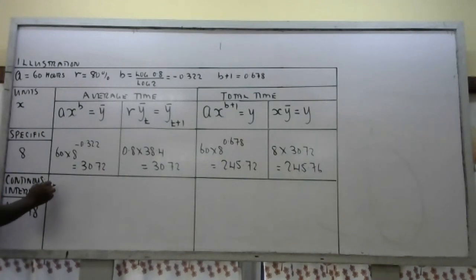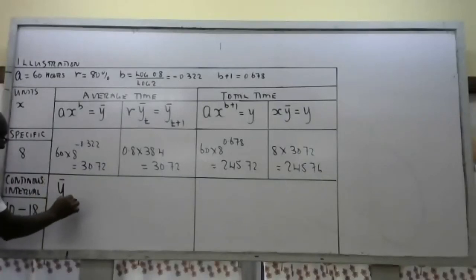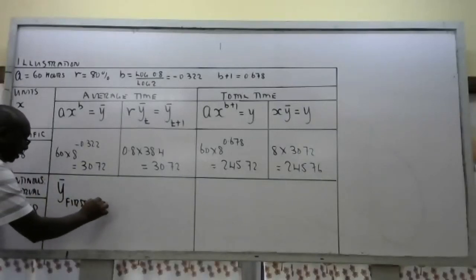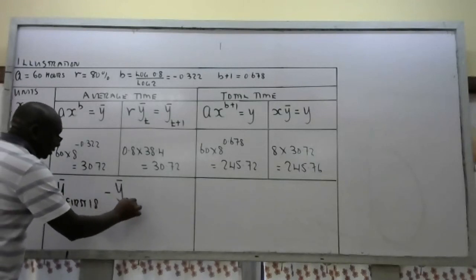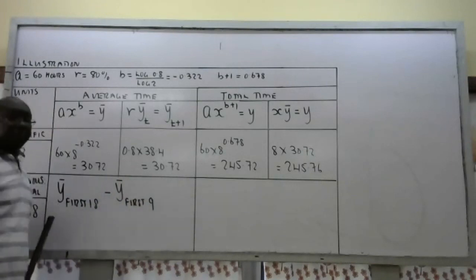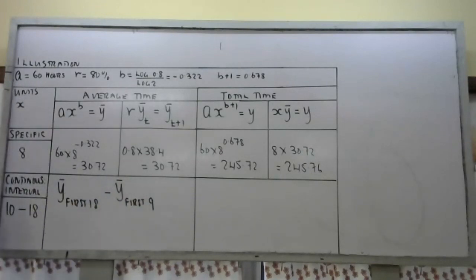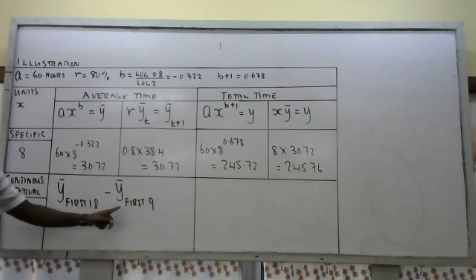Now this one is given like this: y bar for the first 18 minus y bar for the first 9. That is how it's computed. If you are told to get the time to make 10 to 18 units, it is y bar for the first 18 minus y bar for the first 9.